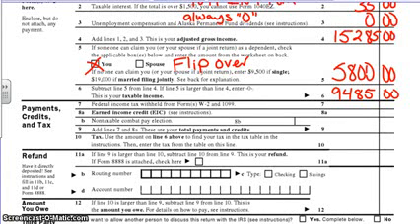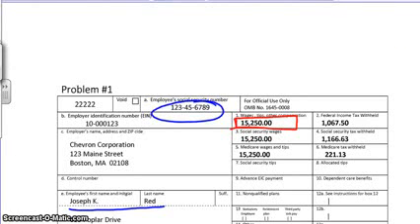Next one. It says federal income tax that is withheld from your W-2. What we need to do is take a look at our W-2. So let's go back to the W-2 form, and we want to take a look at where it says federal income tax.